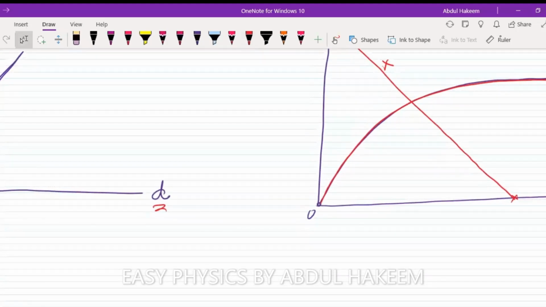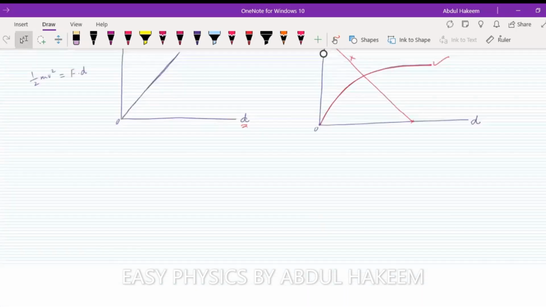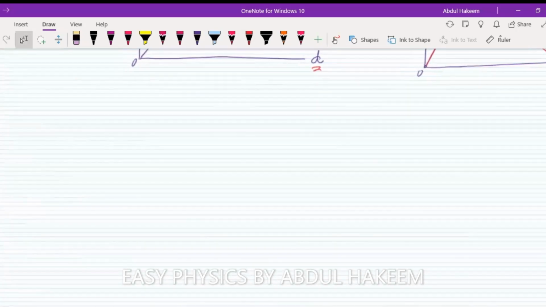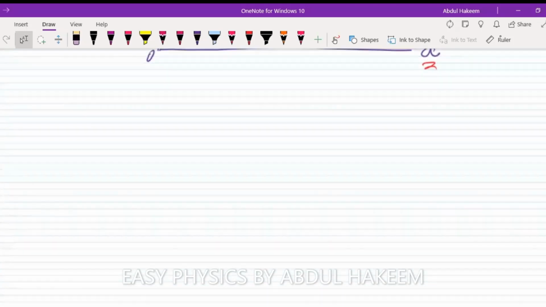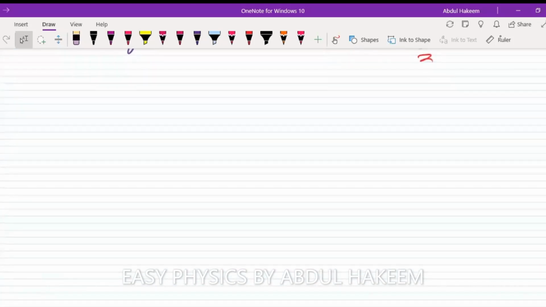Now move to the next chapter, which is deformation in solids. First of all, deformation in solids is the change in length, the change in dimension. It is represented by delta L, or x, or e, any symbol.